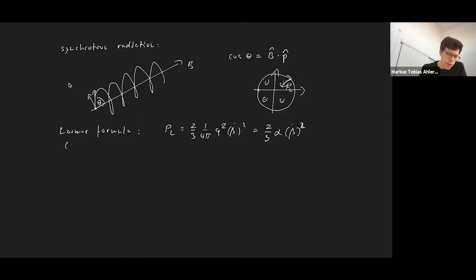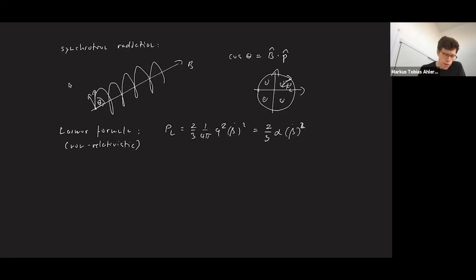So this is here the non-relativistic Larmor formula, basically in the rest frame of the particle. But of course, in the rest frame of the particle, the acceleration of the particle will not be identical to 0. So beta dot here will be the acceleration of the particle in its own rest frame.